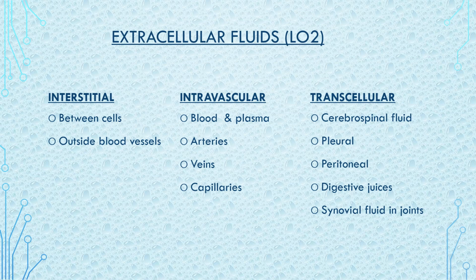The intravascular is pretty much our blood, our plasma, within the arteries, veins, and capillaries. And then we have the transcellular, a smaller amount of fluids, which covers the cerebrospinal fluid, pleural, peritoneal, digestive juices, and the synovial fluid in joints.